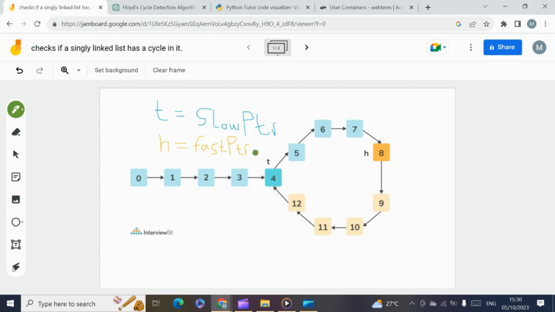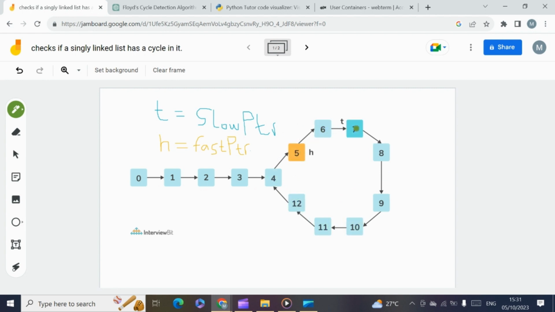Let's observe the T as well. T moves one node at a time. Now since H is moving faster, it means that they will eventually meet if there is a cycle, right? So this is the cycle.